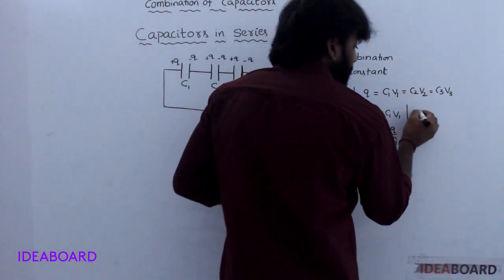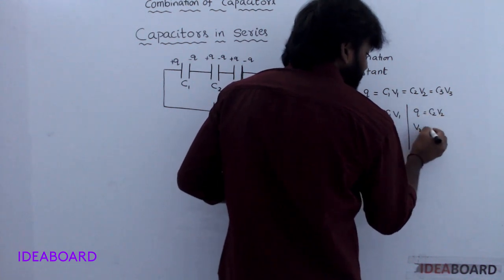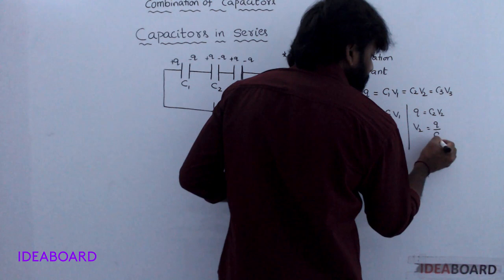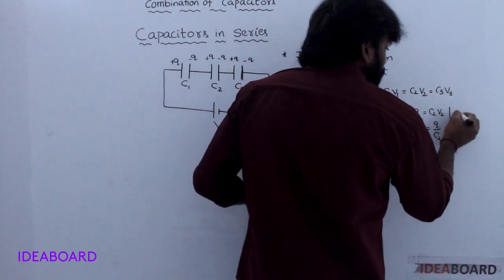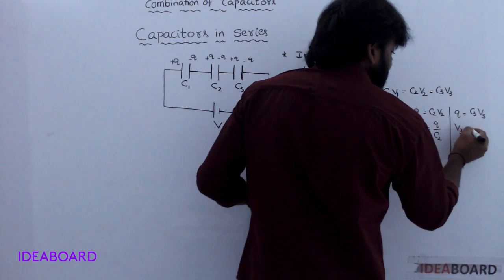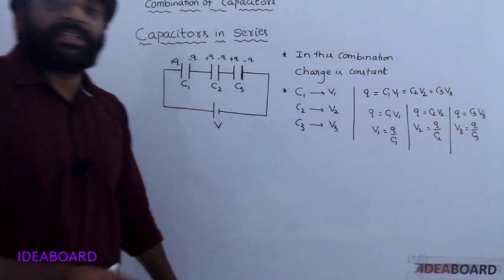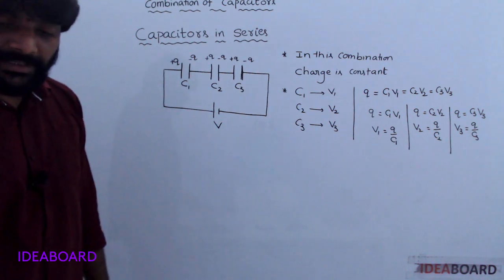Next, Q is equal to C2 V2, so V2 is equal to Q by C2. Q is equal to C3 V3, so V3 is equal to Q by C3.